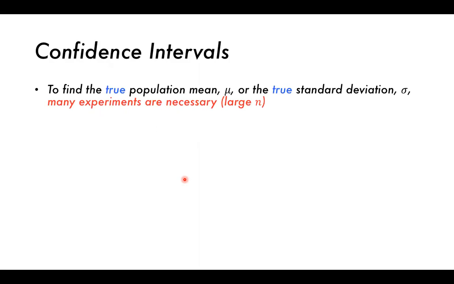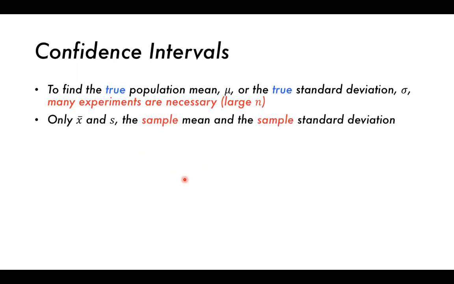To find the true population mean, mu, or the true standard deviation, sigma, many experiments are necessary. So this would be a large n value. Unfortunately, we often don't have the time or the sufficient samples to actually measure a very large number of experiments. So only the sample mean and sample standard deviation can really be measured.